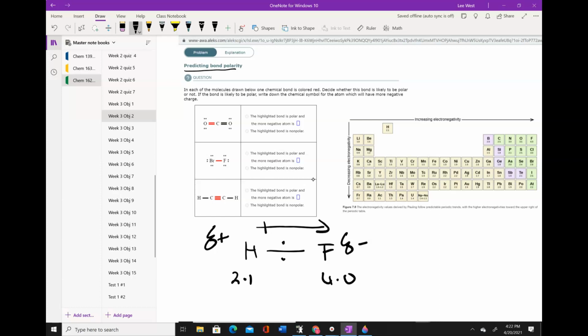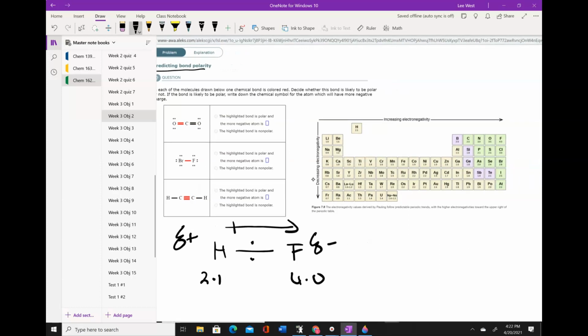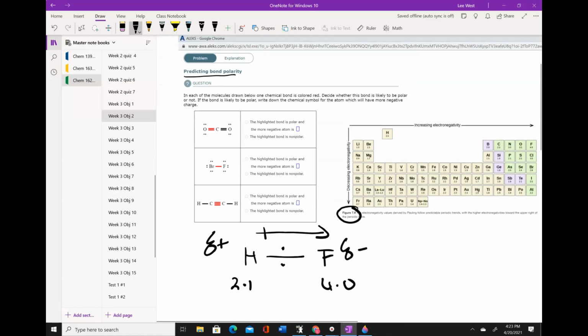So really what we need to do, and I've just pulled this out of the book, figure 7.6, and it saves me clicking on all of those elements every time, is look at my pair of atoms and decide what's going on.